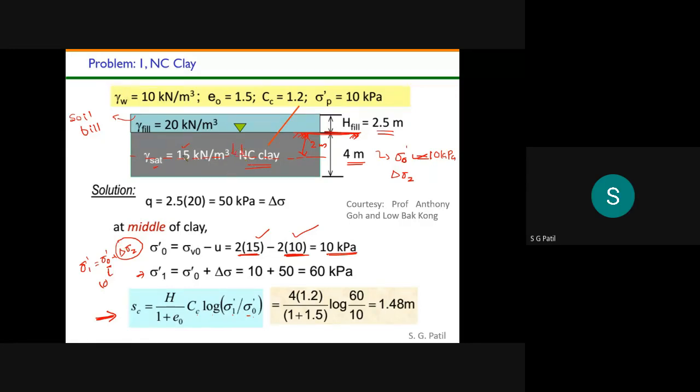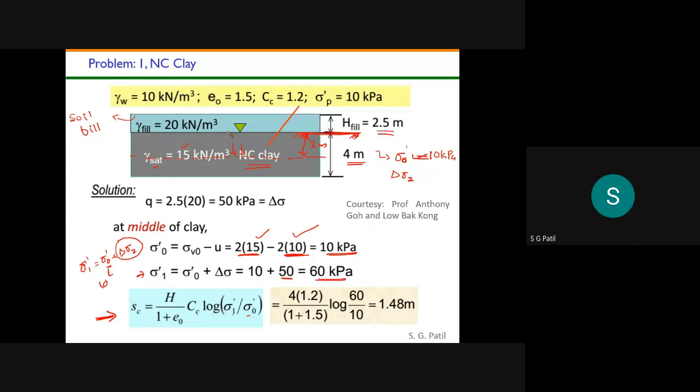If you remember, if you have a very large loading area on the ground, then your delta sigma z is equal to the weight of this fill. What is the weight of this fill? 20 into 2.5. That is my delta sigma z. Around 50 kilopascal. So if you combine both, I will get 60 kilopascal.